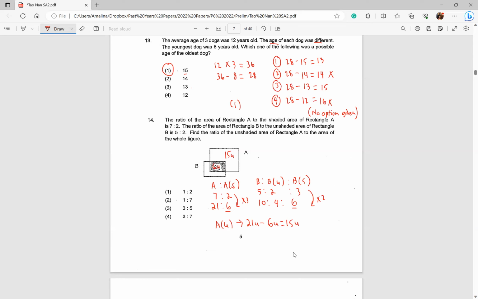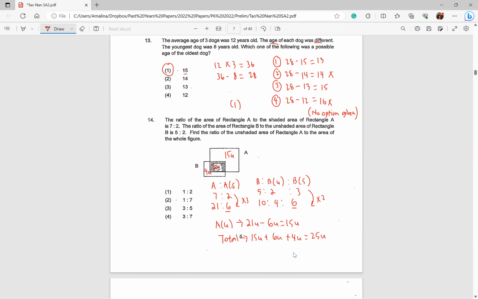Then let's find the unshaded for B. Unshaded B is given as 4 units. So the total is 15 units plus 6 units and then plus 4 units, which is 25 units.